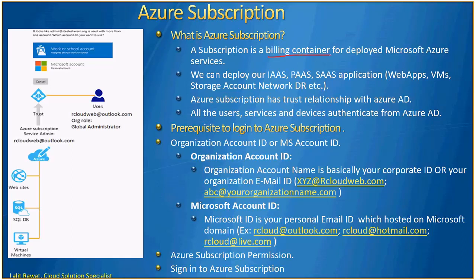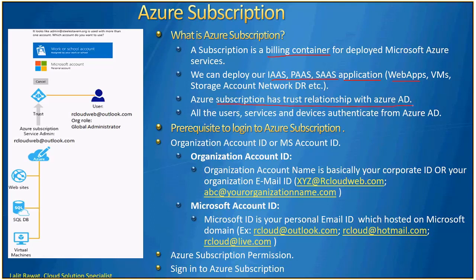So basically, it's a billing container, and whatever services under IaaS, PaaS, and SaaS applications you deploy, like web apps, VM, storage account, network, firewall, whatever it could be, will all be billed in your subscription, and then it goes on a trust relationship with the ID.